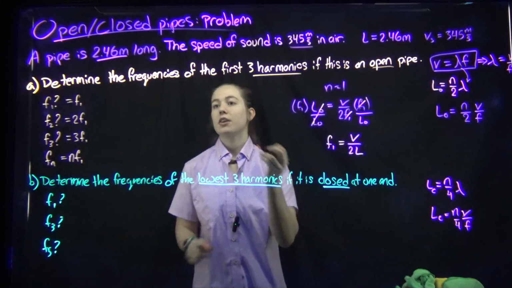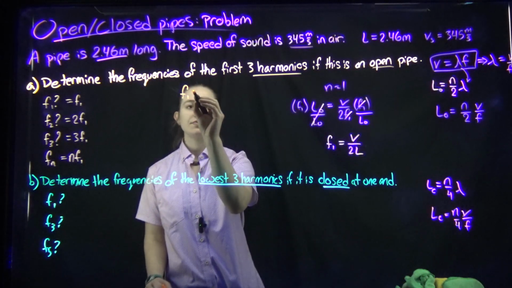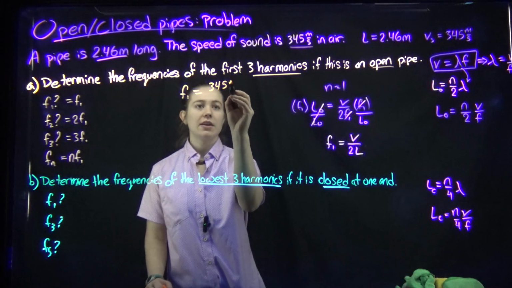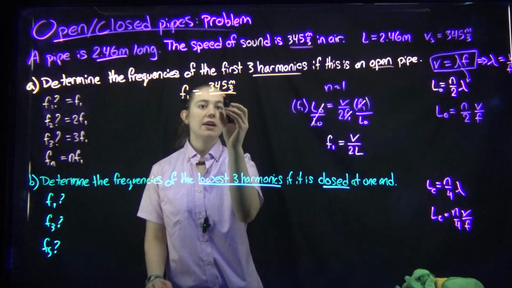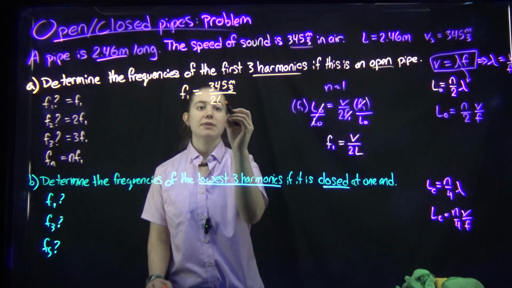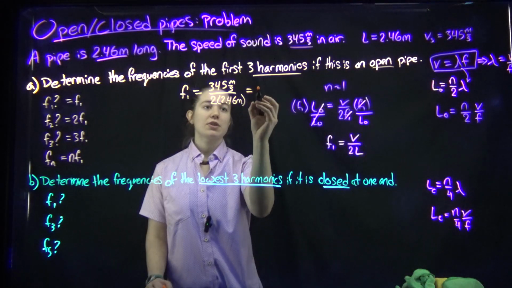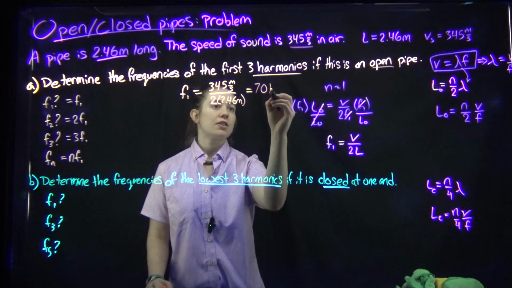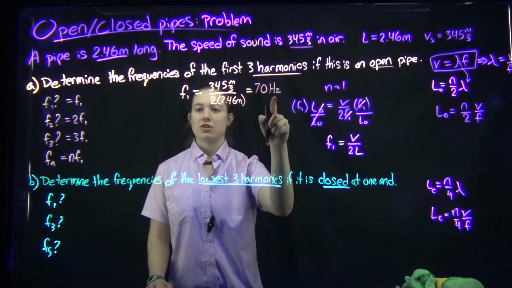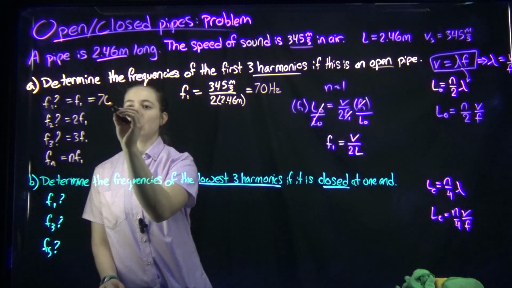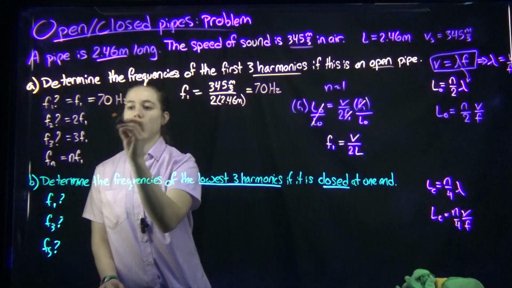So let's plug in our numbers for F1. Equal to 345 meters per second divided by 2 times L, 2.46 meters. This works out to be 70 hertz. Remember, hertz just is 1 over seconds. So F1 is 70 hertz.